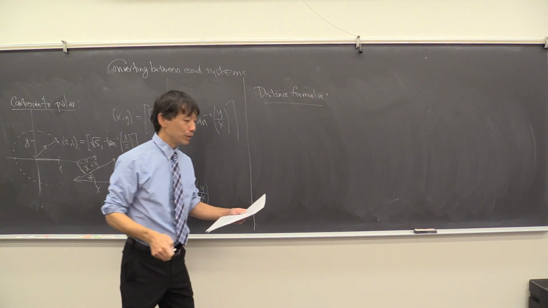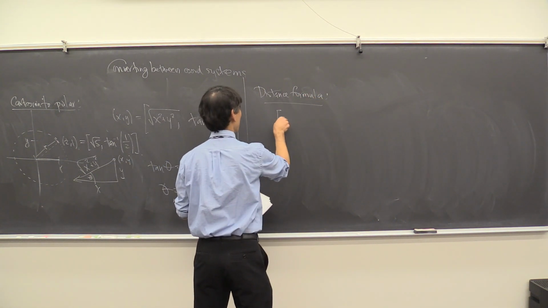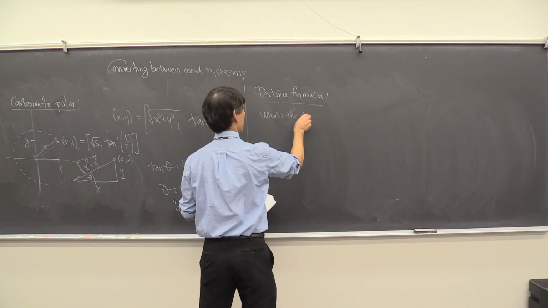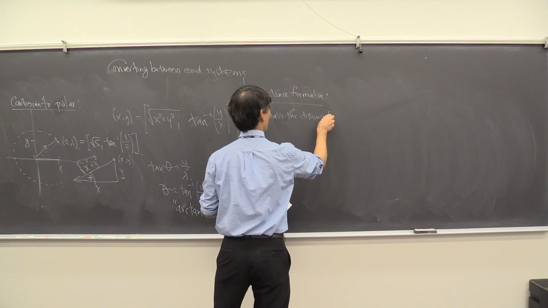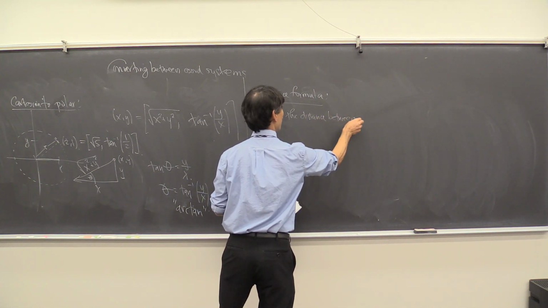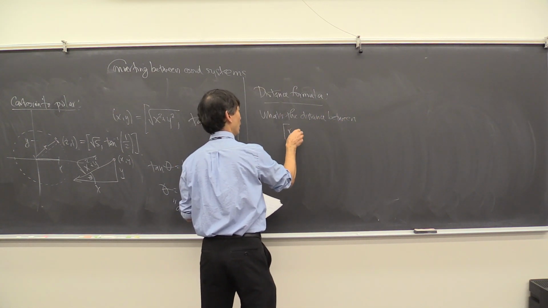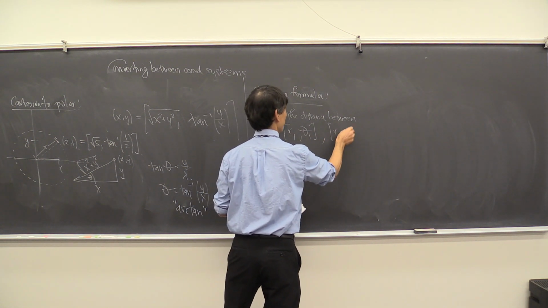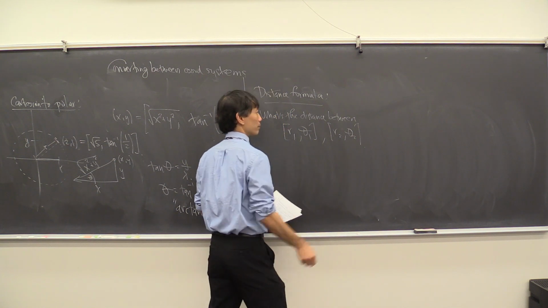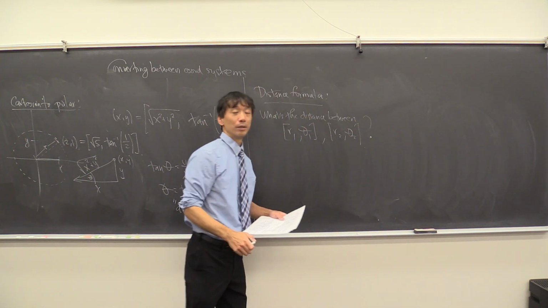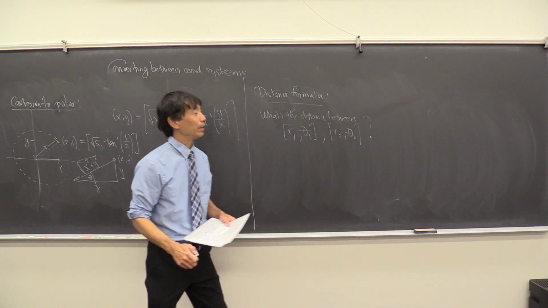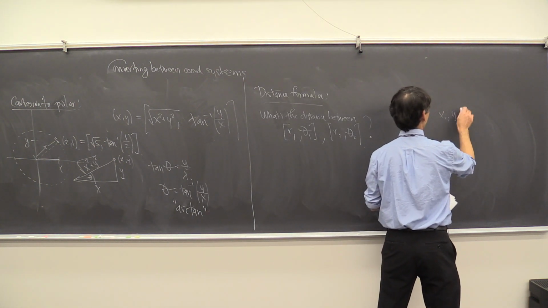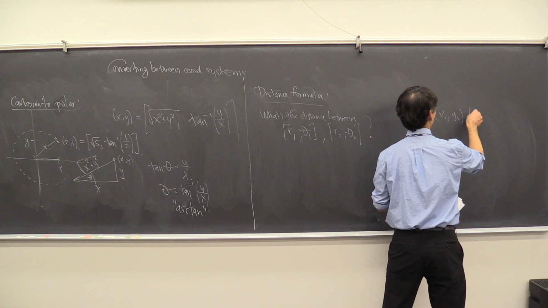Suppose you have 2 points. What's the distance between 2 points in polar coordinates, r1, theta 1, and r2, theta 2? We do have a distance formula for x1, y1, x2, y2.